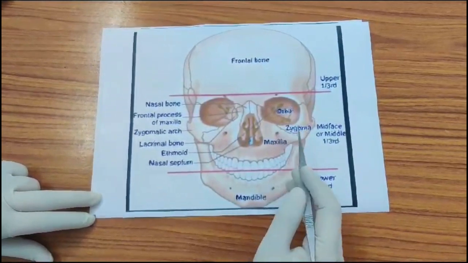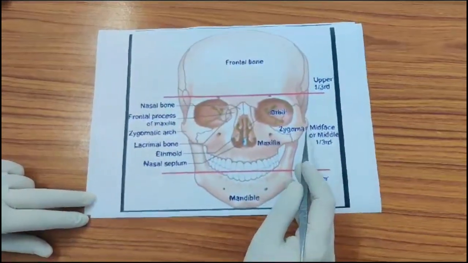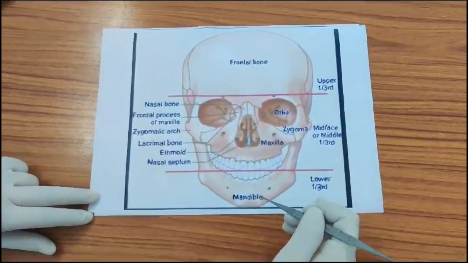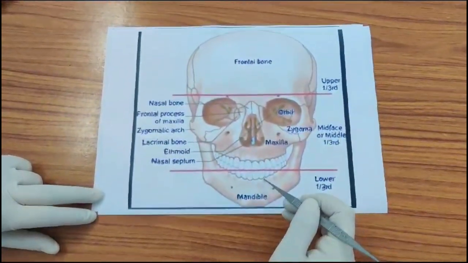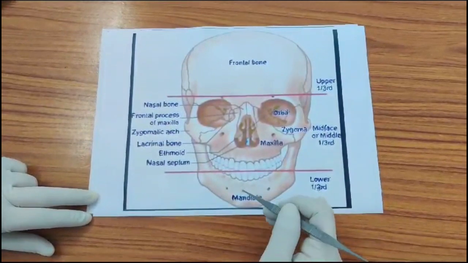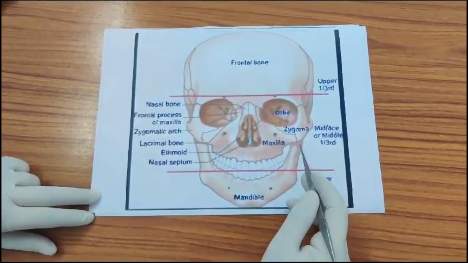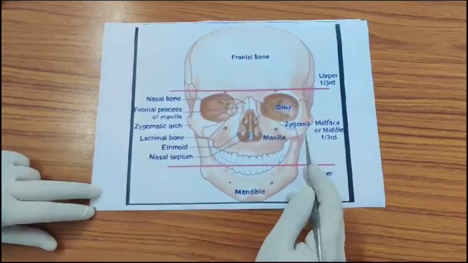Along with it, we include the examination of the ear. The lower one third includes externally the lips, the skin over it, the mandible, intraoral examination, and the temporomandibular joint.